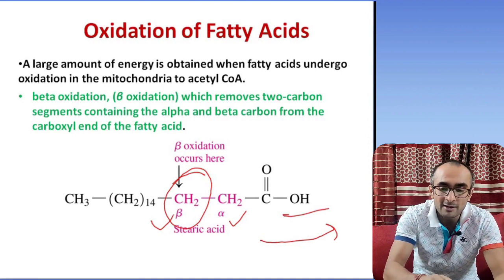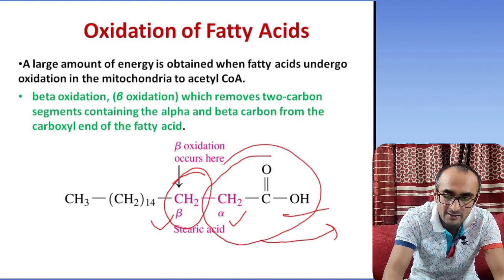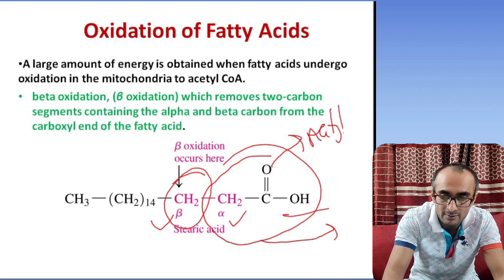And in one cycle, 2 carbon atoms of the fatty acid are removed. They are removed in the form of acetyl coenzyme A. That's what happens in beta oxidation.